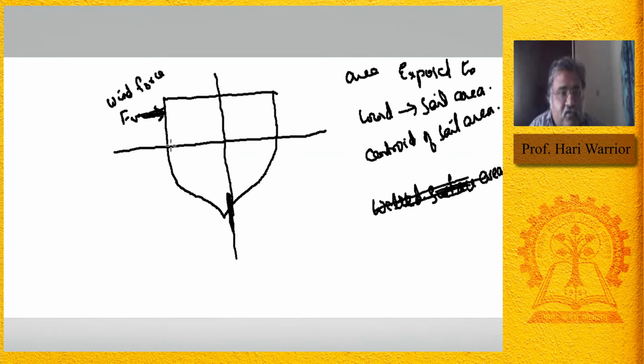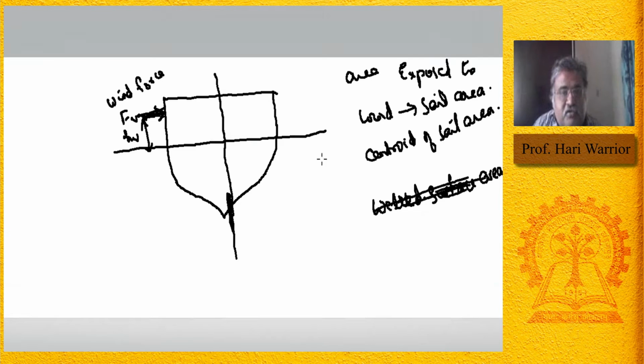So the wind force is acting as Fv at the centroid of the sail area like this. It is acting, let us say, at a distance hv from the free surface. If there is a ship like this and something is trying to push it, obviously the water will try to resist that motion.